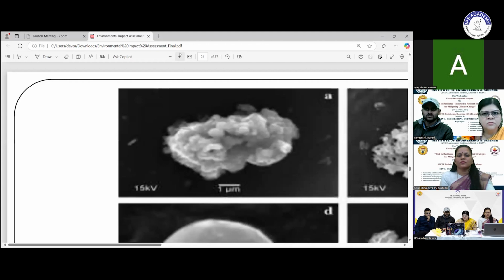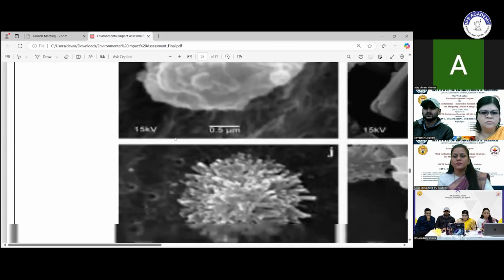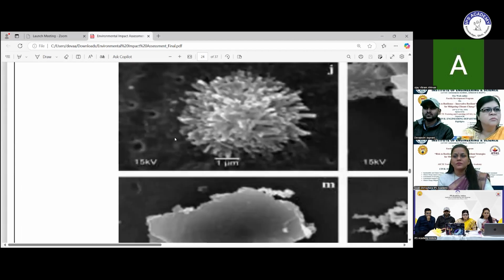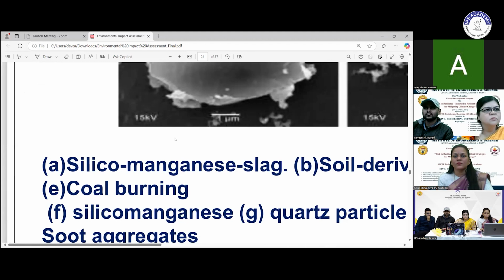If the morphology of the aerosols is like this, A, then at the bottom, where it is written, A is indicating silico-manganese slag. It means this type of aerosol is coming from slag. It is because of slag.